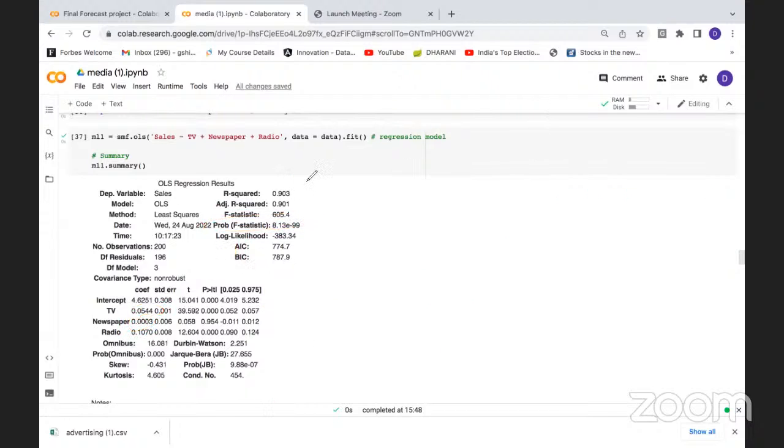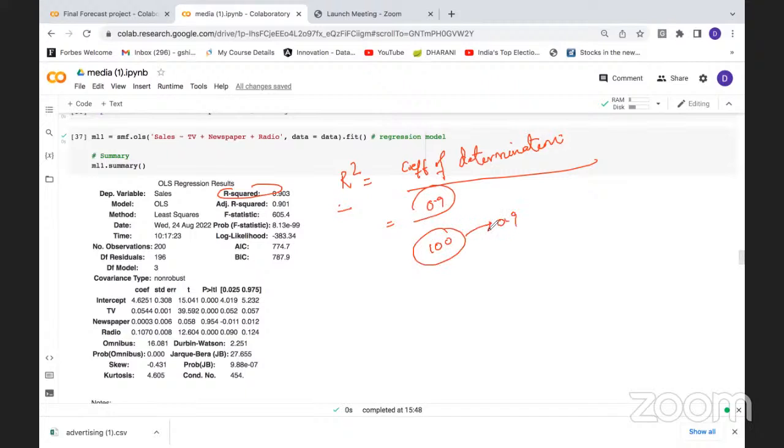And the second interpretation here is your R squared value. R squared value is nothing but what you call the coefficient of determination. If you are having 0.93, it means that for 100 data points, you are getting 90 data points correctly predicted.